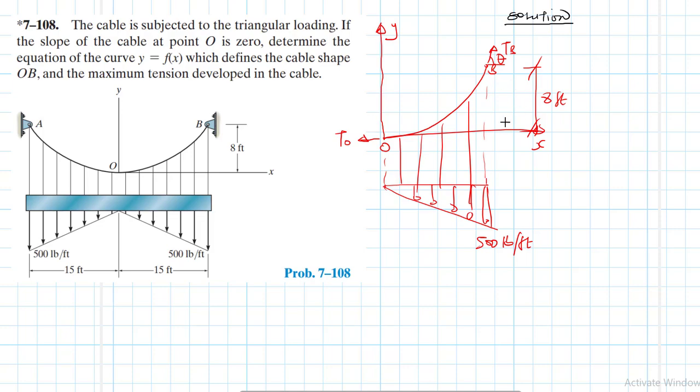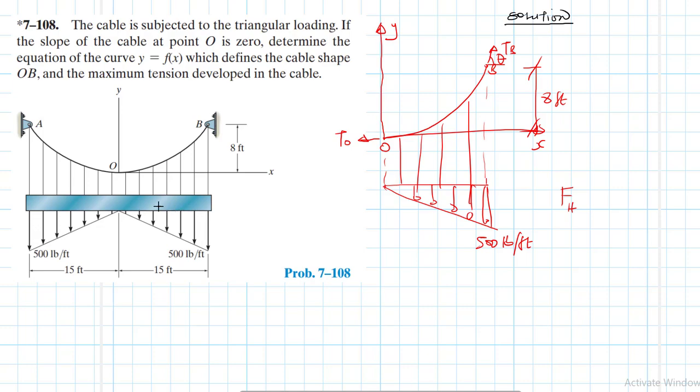We are also able to find the horizontal component FH, which is constant throughout the length of the cable. But for us to find the function y equal to f of x, we'll need to use the differential equations that define the shape of the cable under this distributed load.